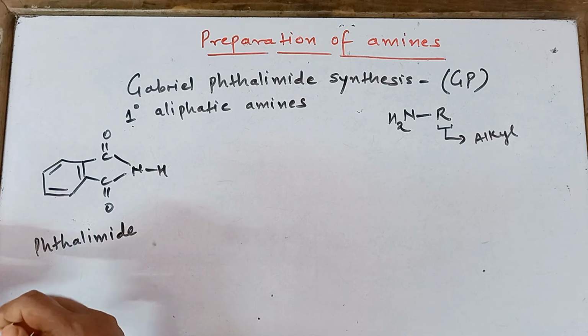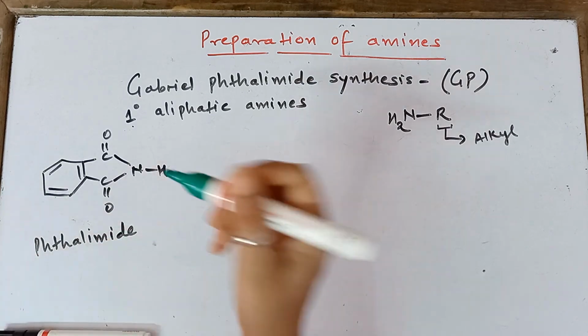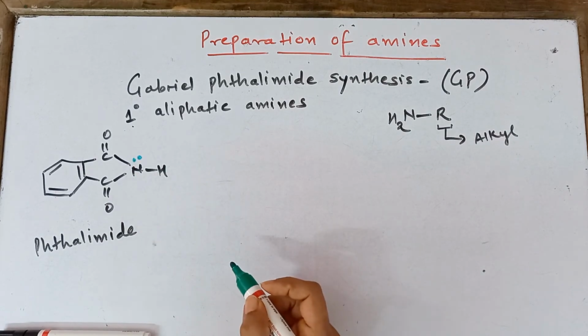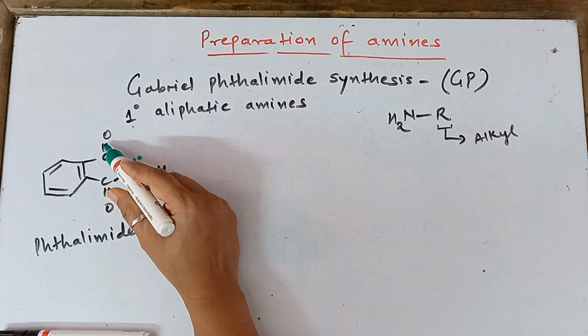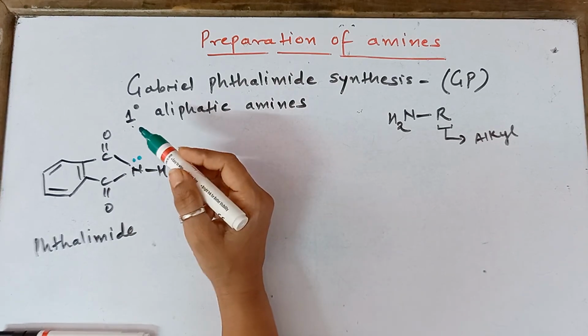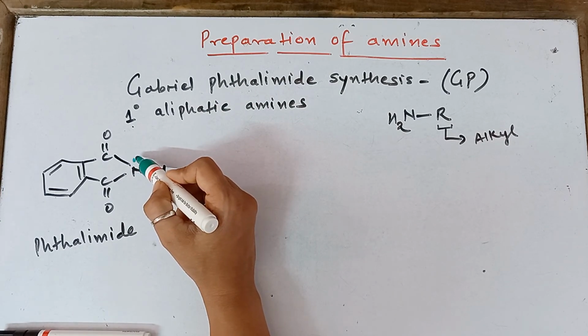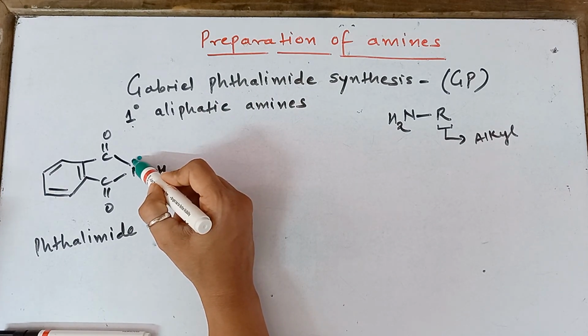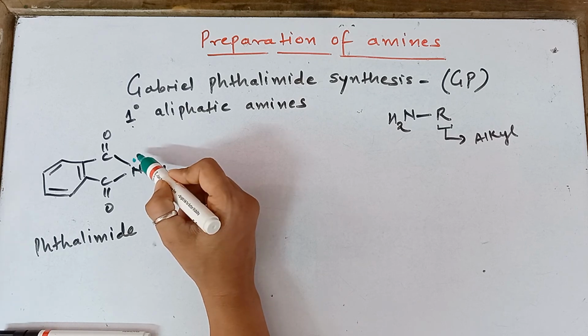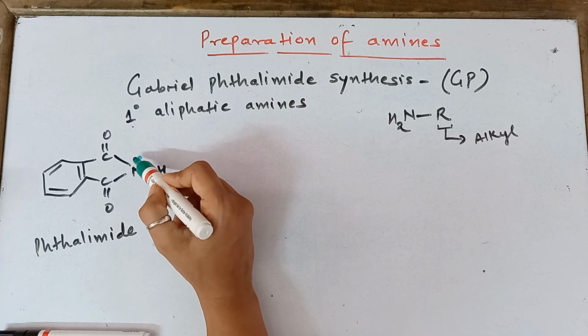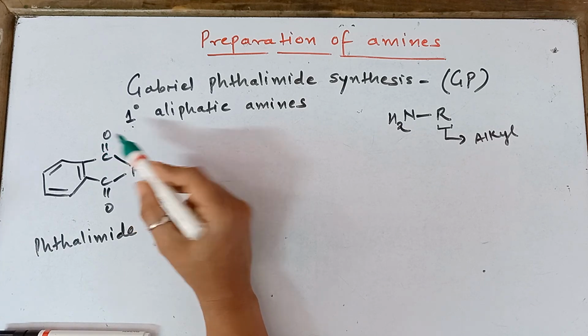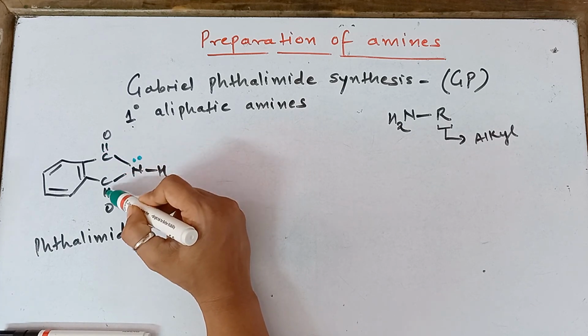Now when we look at the structure of phthalimide, we can see that there's a lone pair on the nitrogen atom which is in conjugation with the double bond. The meaning of conjugation is that they are alternately placed. So we can read the lone pair of electrons as a double bond, because in the future it's going to be a double bond. So it's a double bond, single bond, double bond. Same way here also, double bond, single bond, double bond.